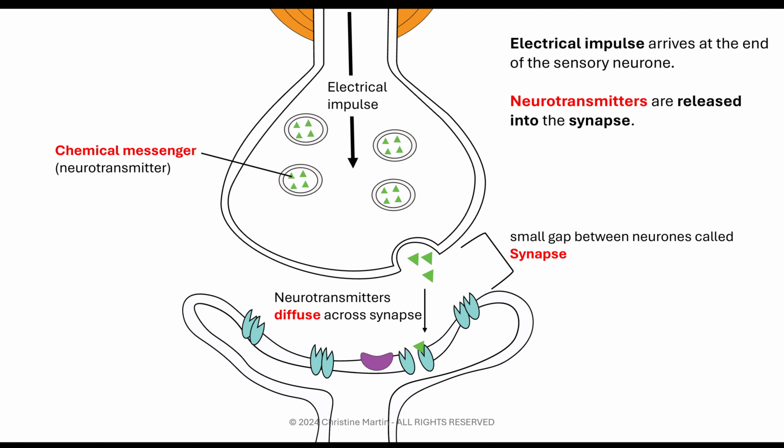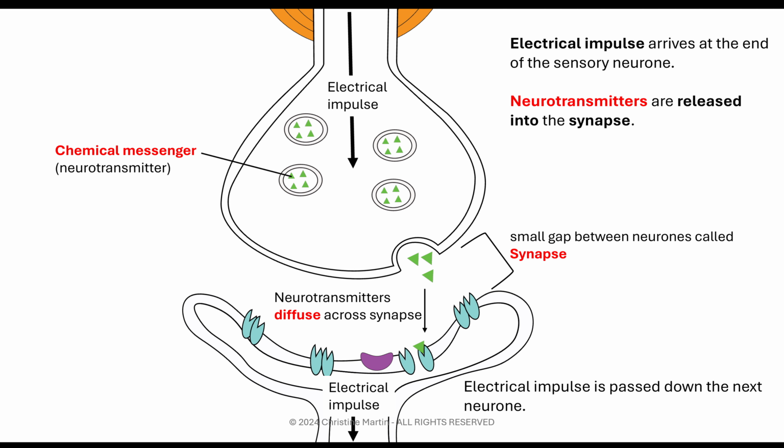So once those neurotransmitters have been released from that sensory neuron, they can then move across the synapse, diffuse, this passive movement, until they reach the next neuron.